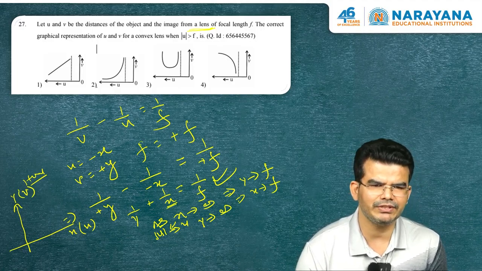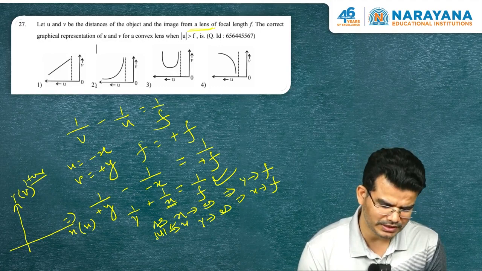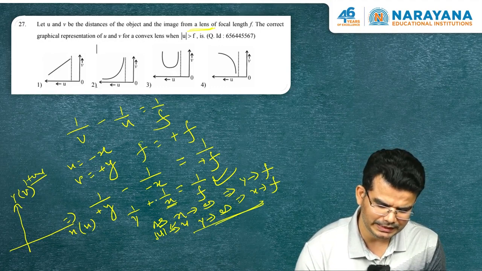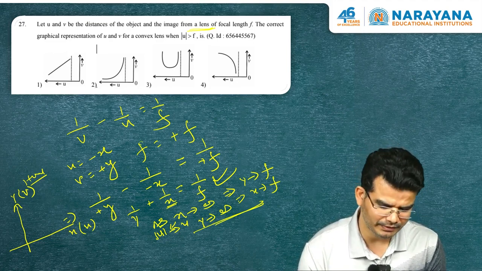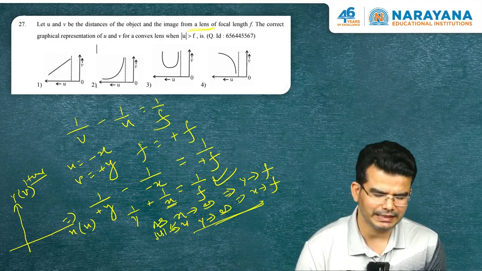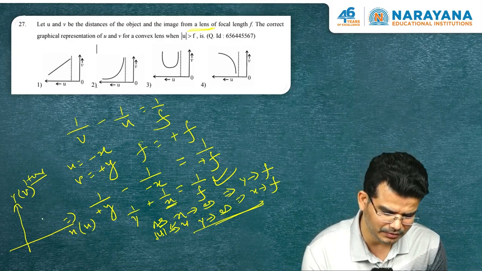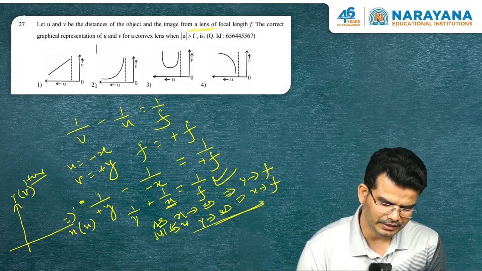Now we got some points, first of all these 2 points. We can say that the graph tends to infinity. When x tends to infinity, y tends to f. So y is equal to f when x is infinity, somewhere here, very far.